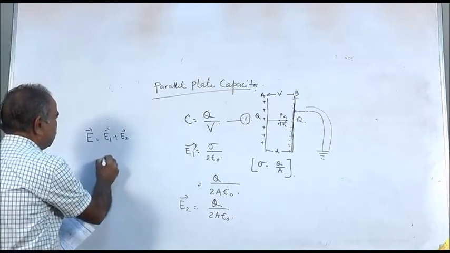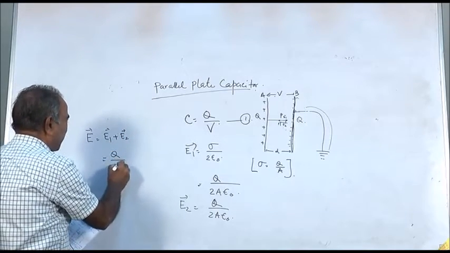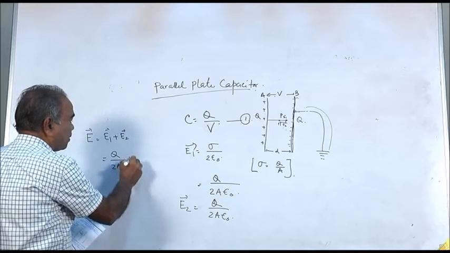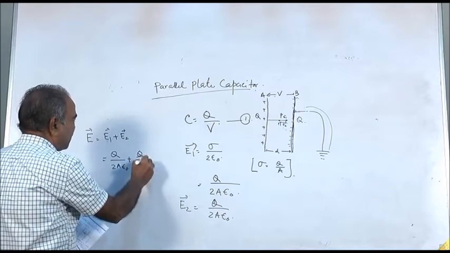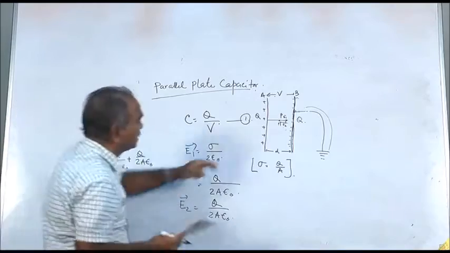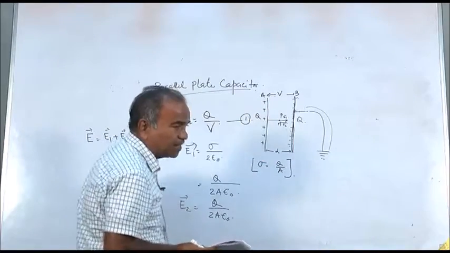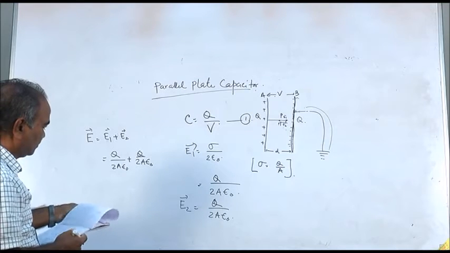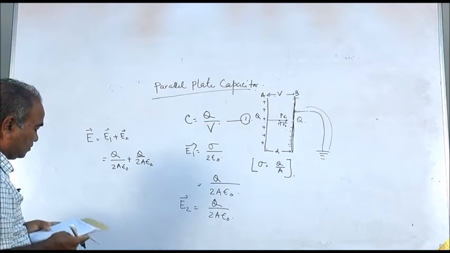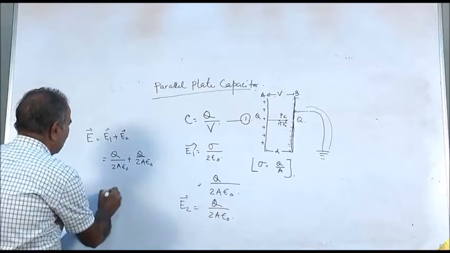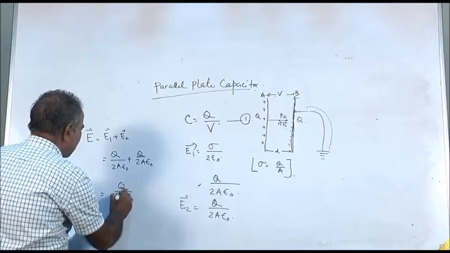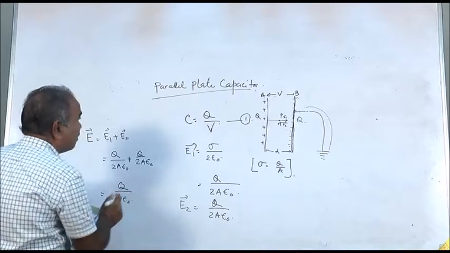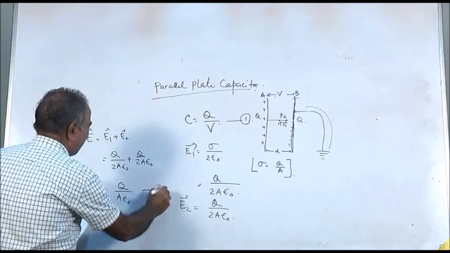That means Q by 2A epsilon 0 plus Q by 2A epsilon 0, if the two plates are placed in air or vacuum. So that is equal to Q by A epsilon 0. This is equation 2.